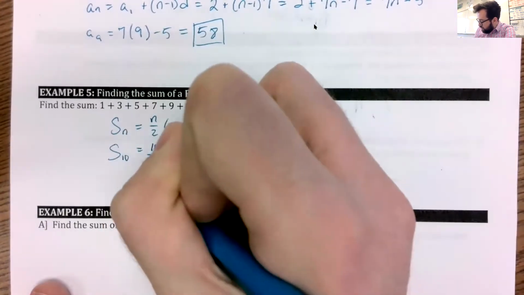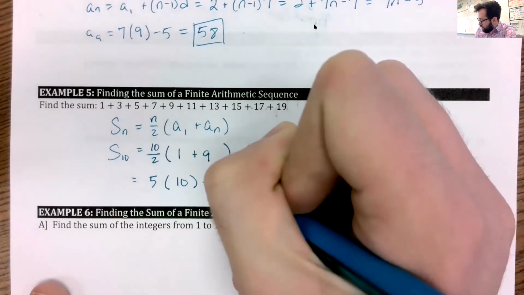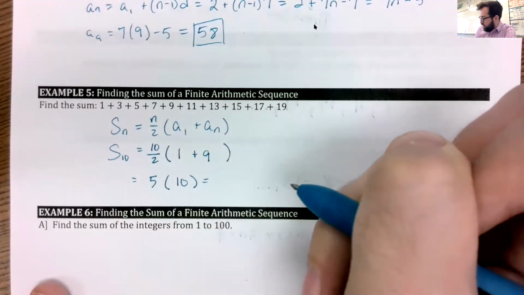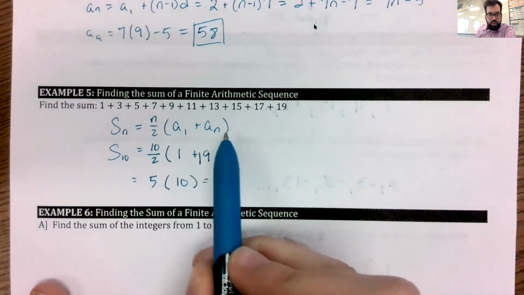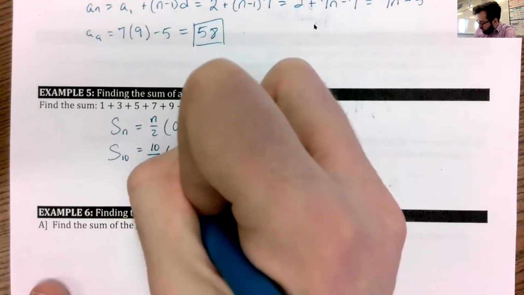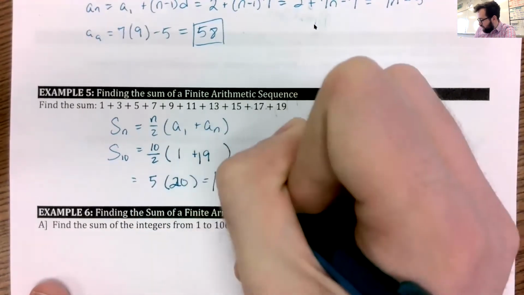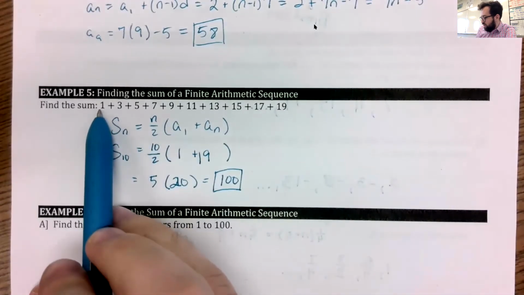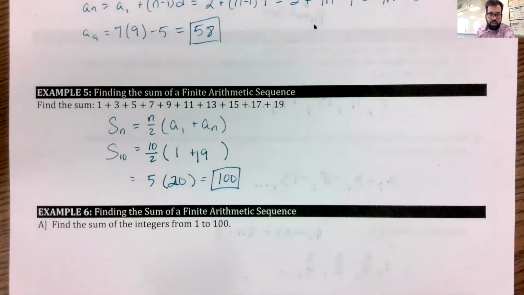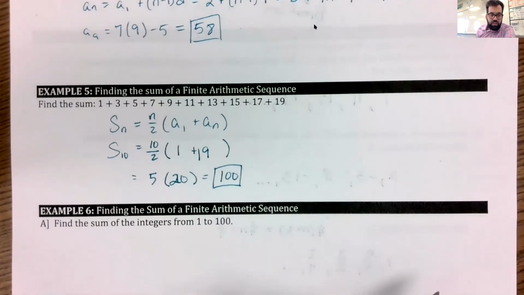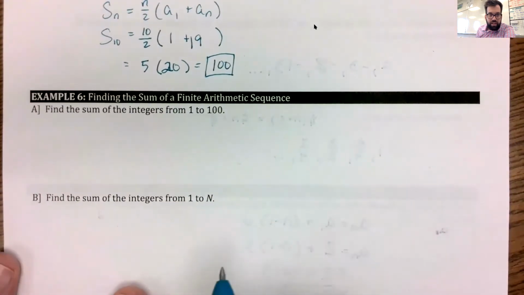So we're going to have 10 divided by 2, which is 5, and 1 plus 19, which is 20. Oh, I wrote a 9, that should have been a 19. My bad. So 5 times 20 is 100. So without actually using the calculator to type all of this in, I figured out that the sum of all the numbers is 100.